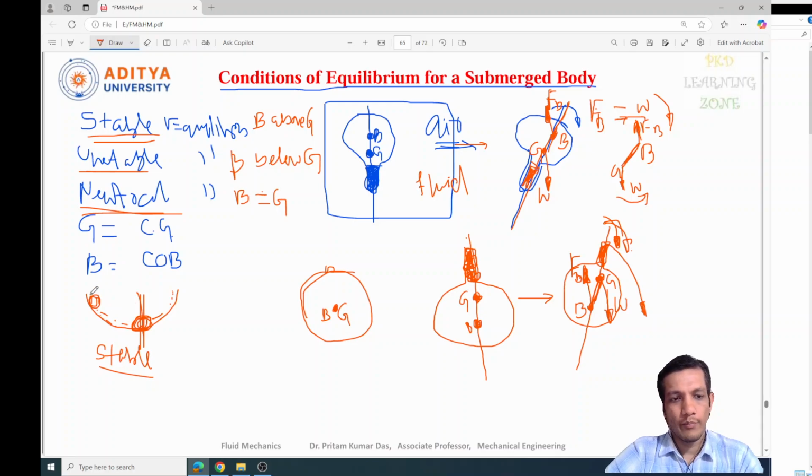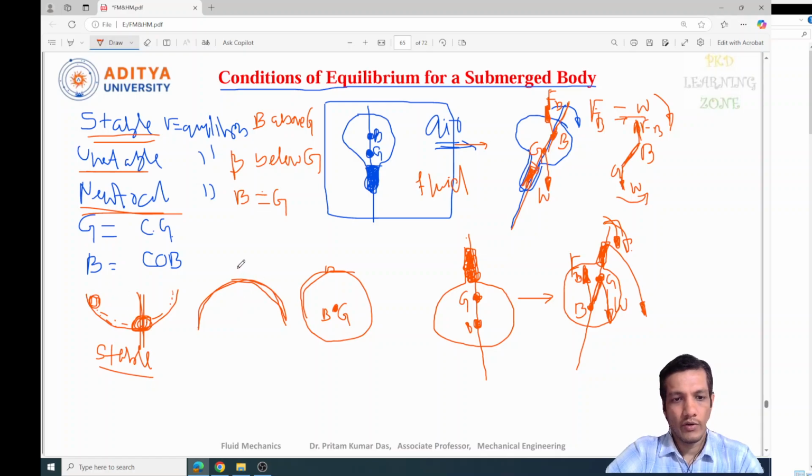Okay, the same pot, if you just make a reverse of it, so that the heavier material comes to the top. Now if you keep the same pot like this, what is going to happen?